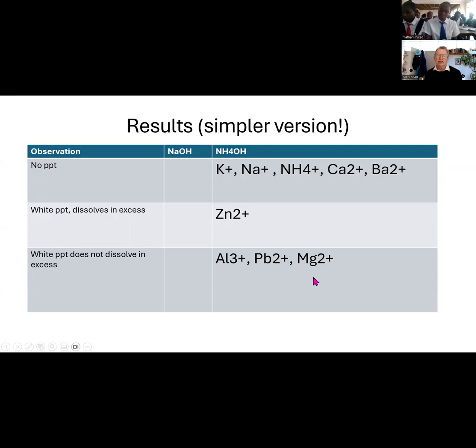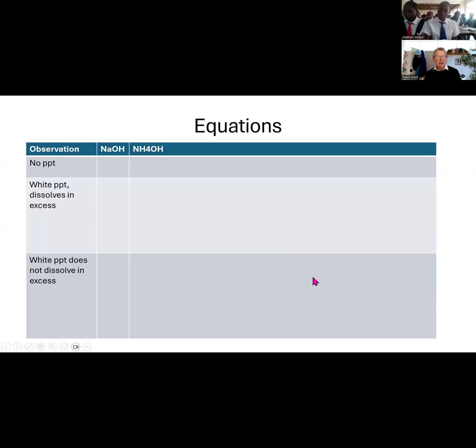Let's look at the equations which we need to be able to write. The first one, in no precipitate, there is no point in writing an equation. Nothing happens.